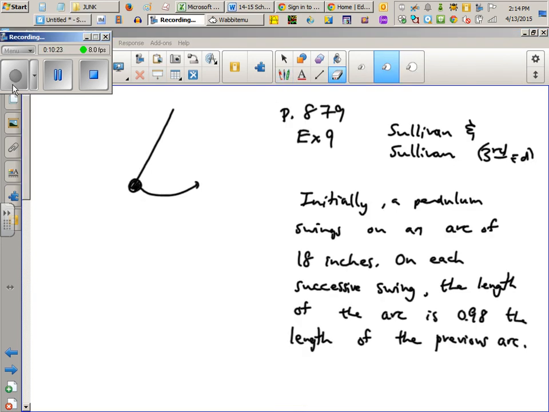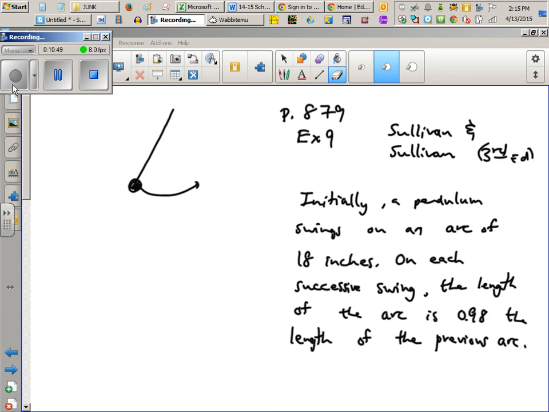Okay, this next example is from Sullivan and Sullivan, example 9, on page 879. It's from the 3rd edition of the textbook. Let's say you're given that a pendulum initially swings along an arc of 18 inches. On each successive swing, the length of that arc is 0.98 times the length of the previous arc.